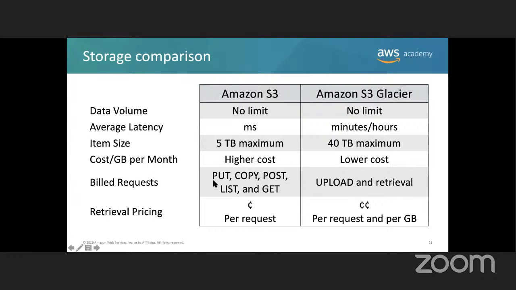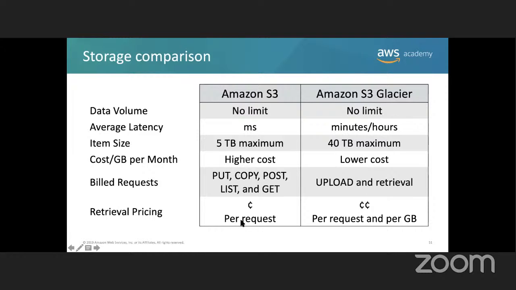You're going to be billed per put, copy, post, list, and get, all of these operations for S3, but with Glacier you only get billed per upload and retrieval. Those are the only things that you can do with Glacier, upload or retrieval. You can see here that it's cheaper to retrieve from Amazon S3, but it would cost you more for Glacier.